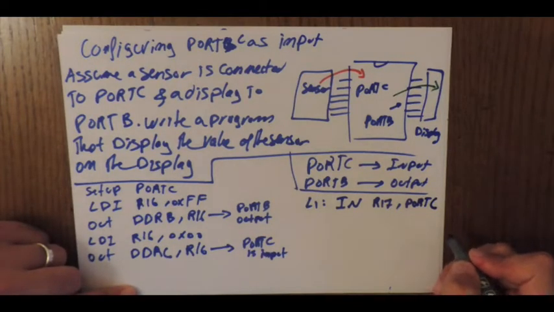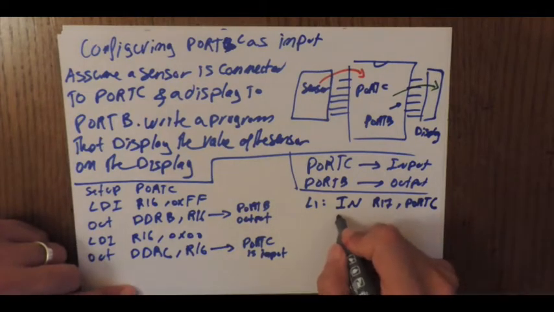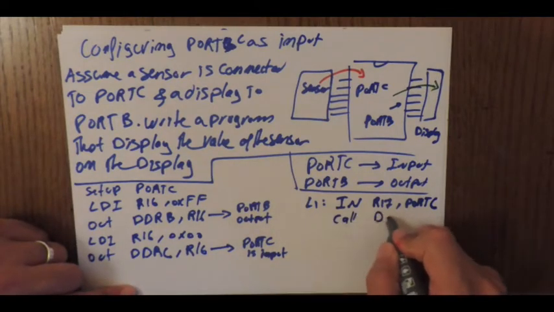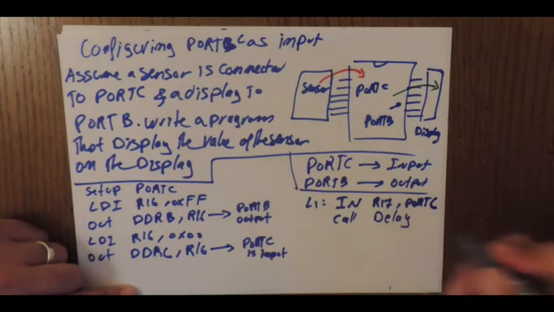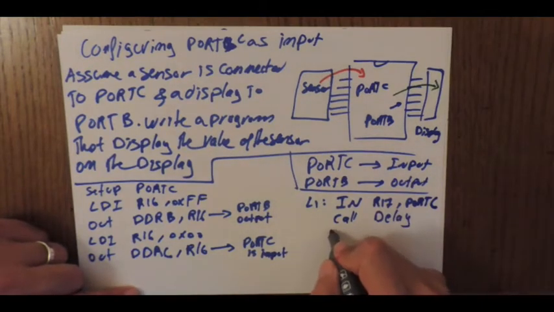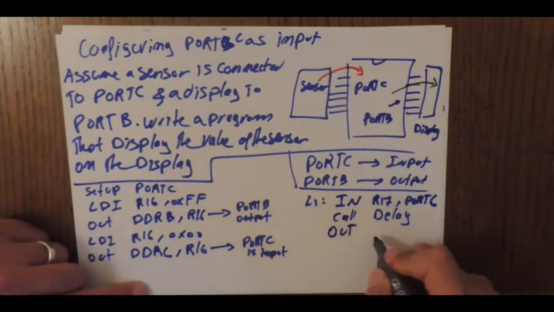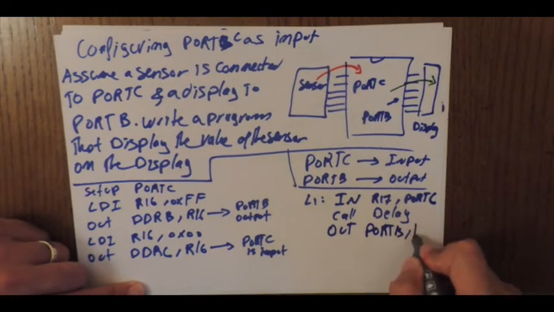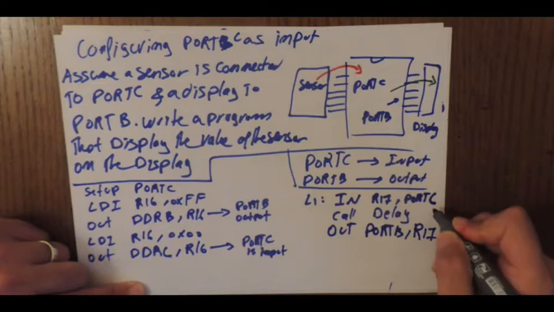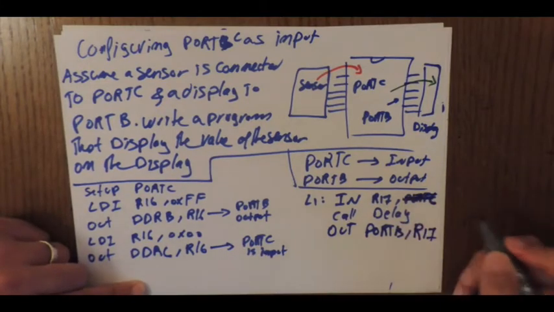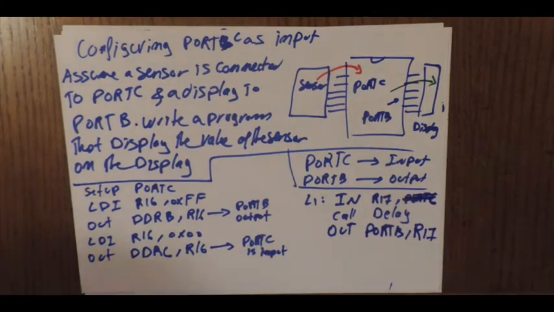And now, I'm going to call some delay, just to give the time for the sensor to work. And then I'm going to say out to port B what I read from port C. Excuse me, this is not port C. This is actually a common mistake.